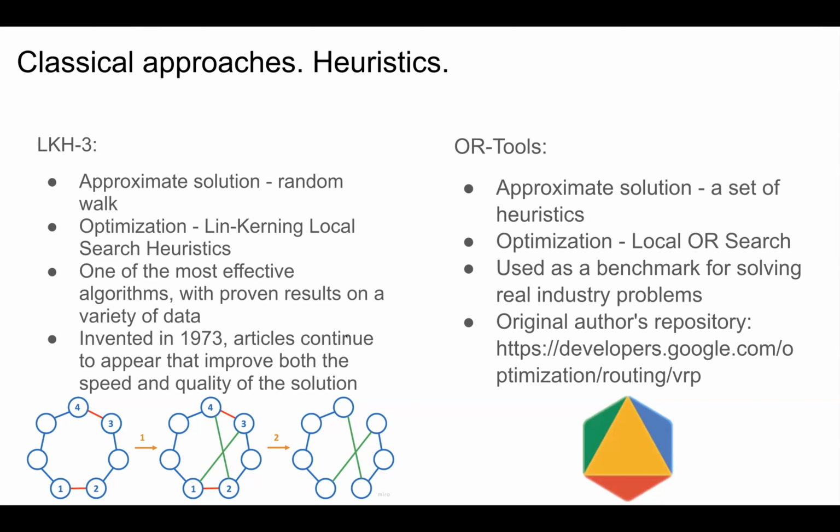The second baseline is OR-Tools. It's an open source solution from Google. Here we first get an approximate solution by a metaheuristic of small classical heuristics and local optimization by OR search. This tool is used for many production solvers because it's open source, of course, and it can still work out of the box.